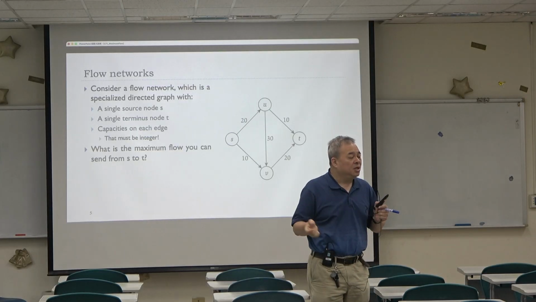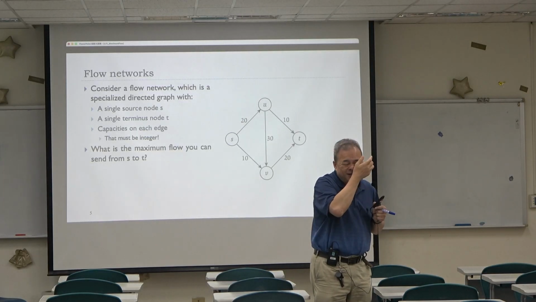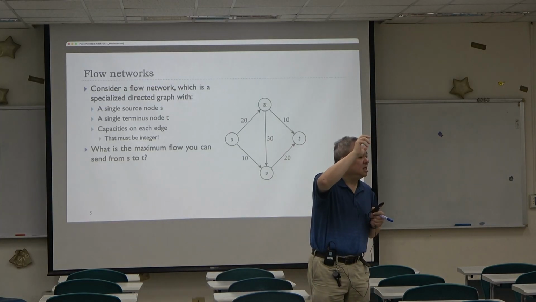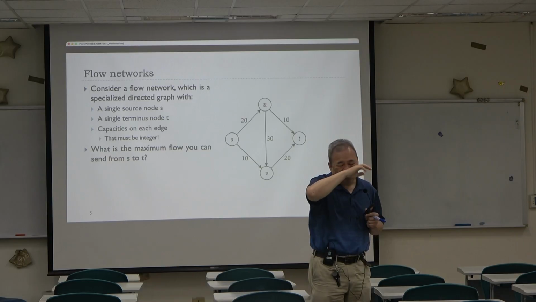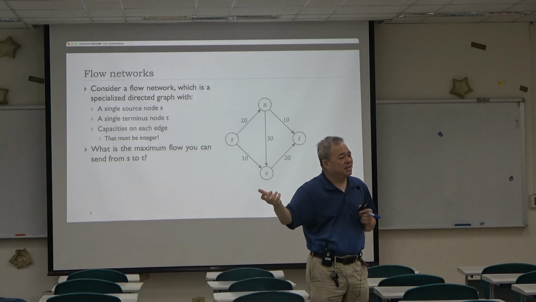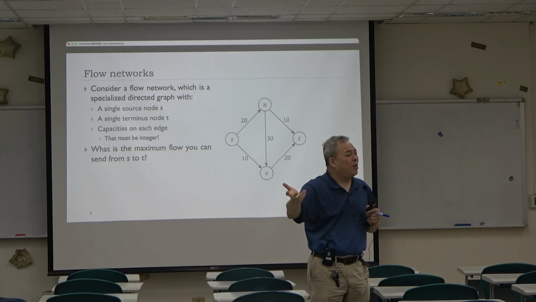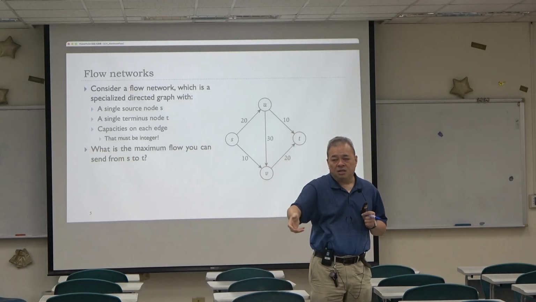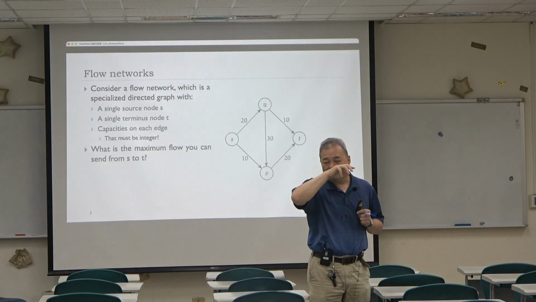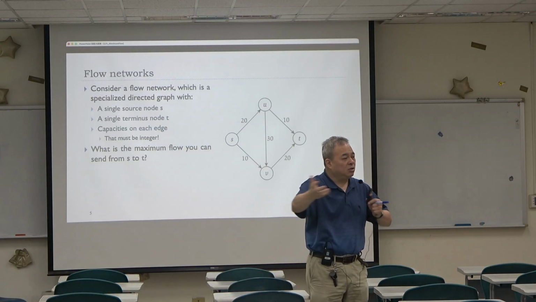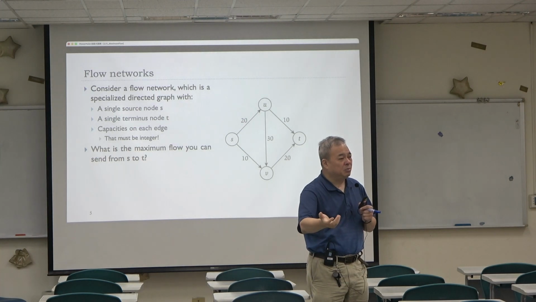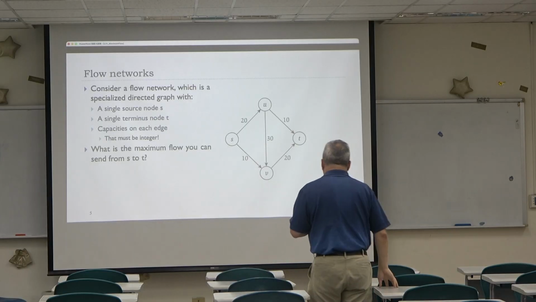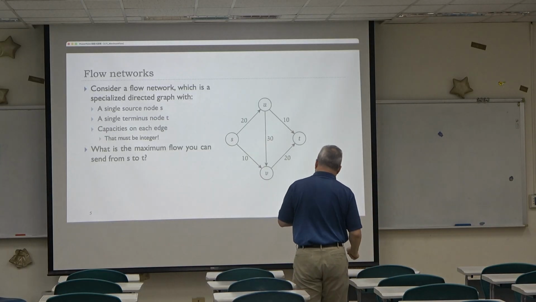You have the source of the water, so water always comes out from that place, and that's why we call it the source. And the sink, or that terminal node, is where water goes into, like the sink in your kitchen. The water in the sink always ends up going to that place. So these two nodes are special.